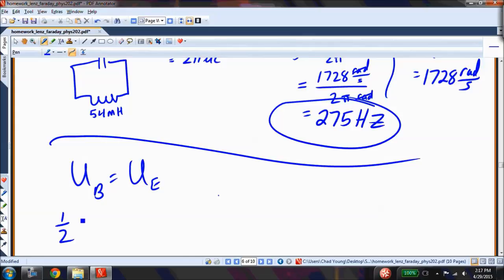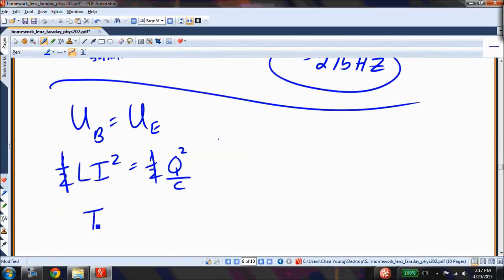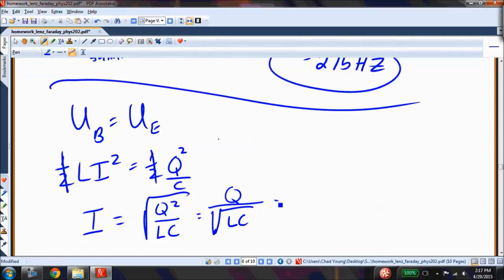That's 1/2 Li squared equals 1/2 Q squared over C. See, the halves cancel. I'm looking for I. So that is the square root of Q squared over LC, which is Q over the square root of LC.